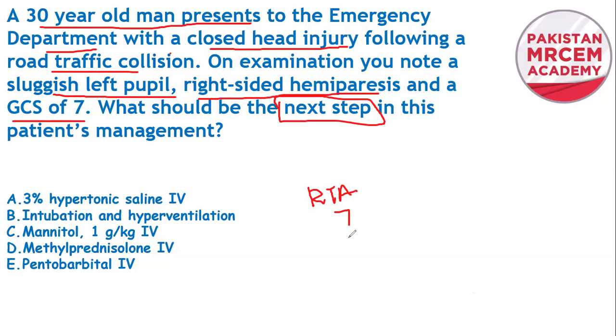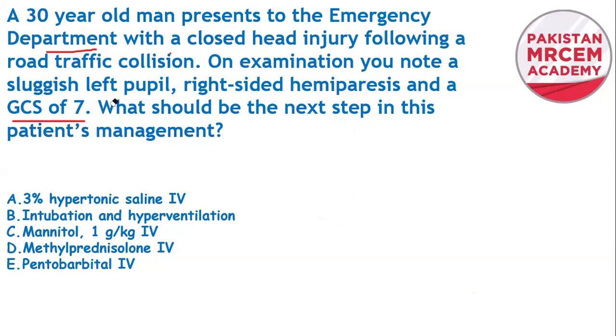So we have to bypass the obstruction. That's why we were discussing surgical airway, intubate and hyperventilate. It is a rule of thumb that whenever the GCS of a trauma patient is less than 8, you have to intubate the patient because the GCS may deteriorate further and he may lose his airway.